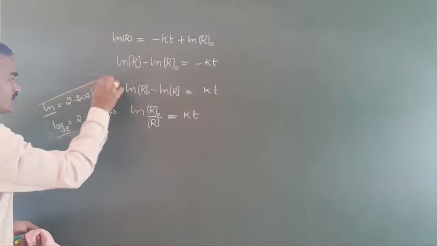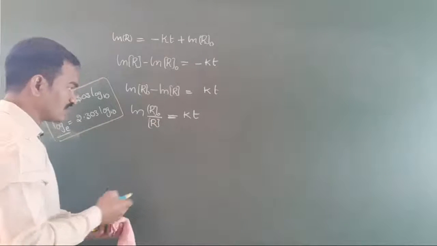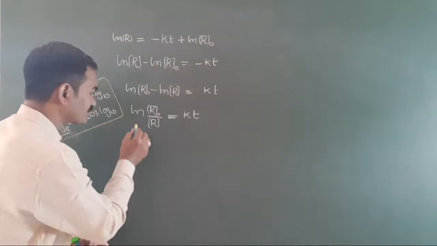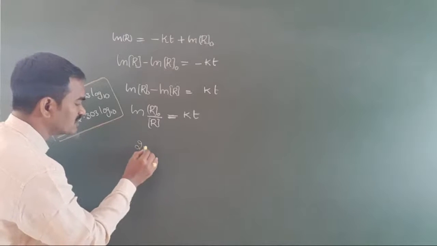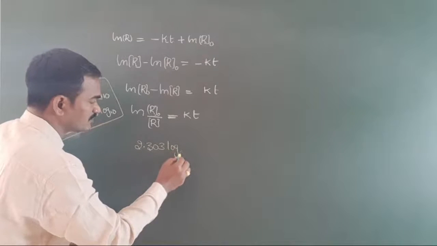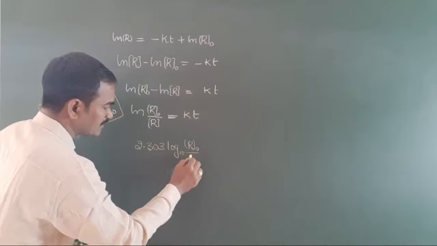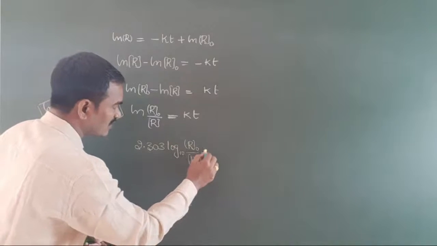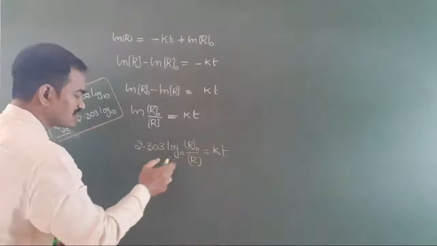Have you got it? So this term I am going to substitute here. Now you can take 2.303 log base 10 of R naught by R is equal to kT. Now t comes to this side.